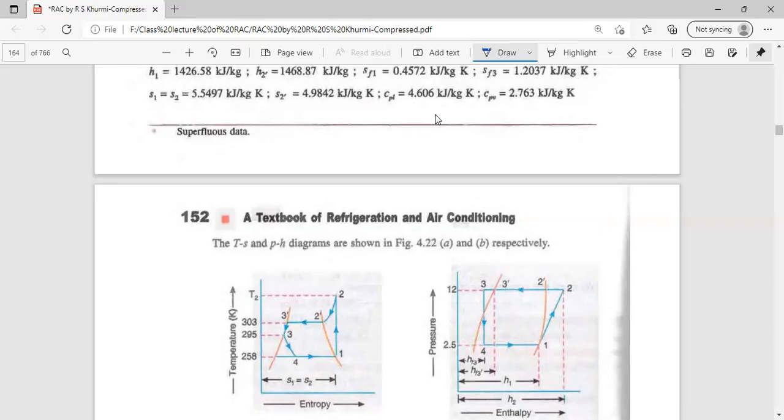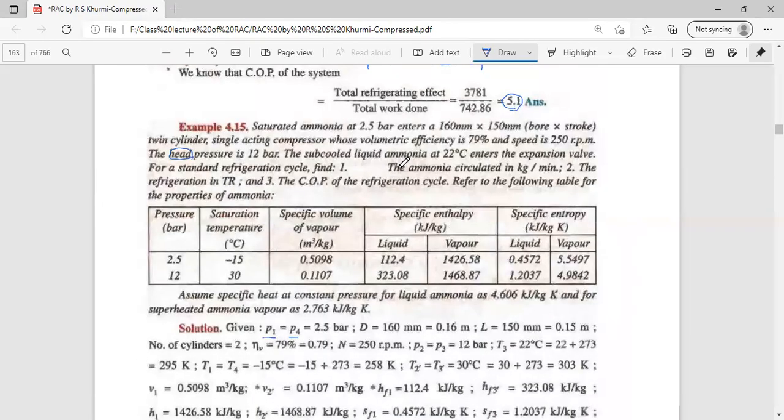So the evaporating process 4 to 1, as per our cycle, is an isobaric or constant pressure process. So the pressure P1 is equal to pressure P4, which is given as 2.5 bar in our table itself.